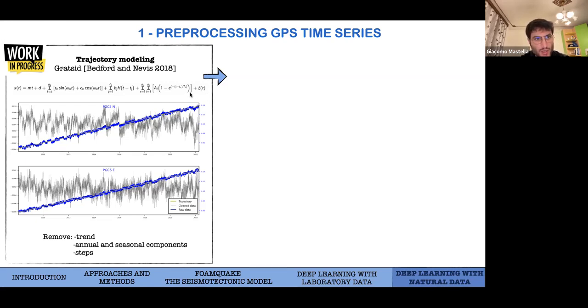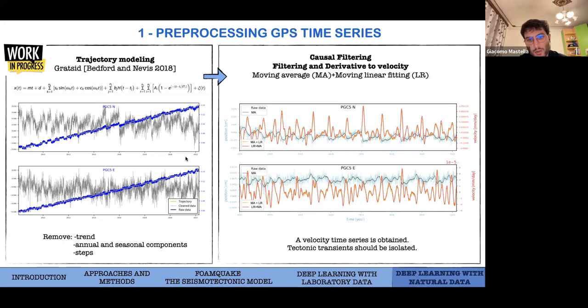So what we are trying to do right now is to isolate slow earthquakes from GPS time series by using trajectory modeling, removing the trend, the annual and seasonal components, and the steps. This way, we would like to obtain a time series where the tectonic transients are isolated.